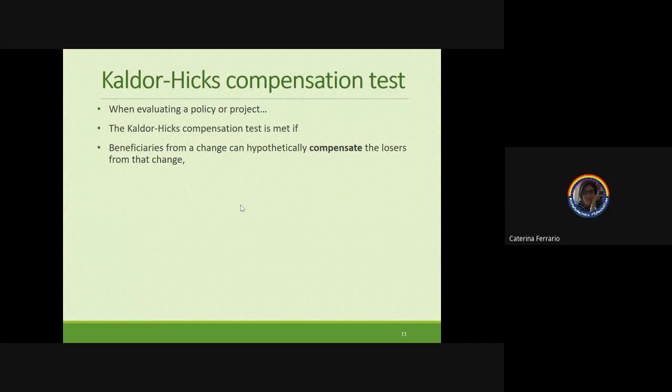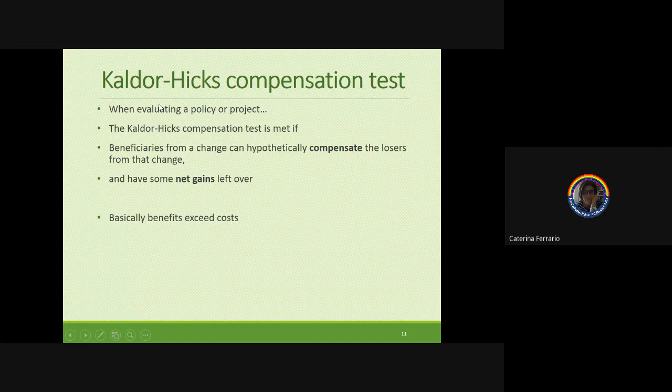It tells you that if beneficiaries from a change can hypothetically compensate the losers from the change and still have some net gains left over, so this means that their benefits are higher than the losses, then the Kaldor-Hicks compensation test is met and the policy or project is worth implementing.